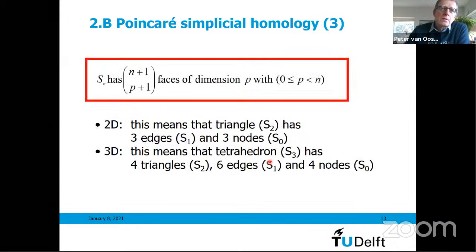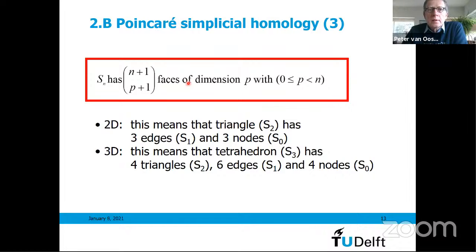And this formula indicates how many primitives of dimension p a certain simplex has. This expression is n+1 over p+1, and this is the mathematical notation for combinations.